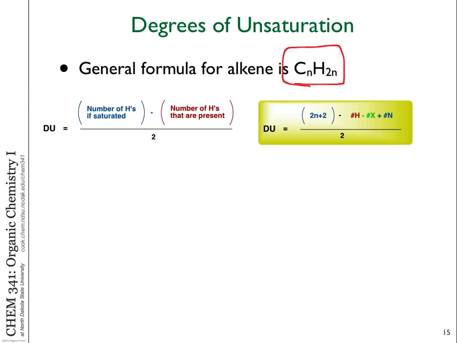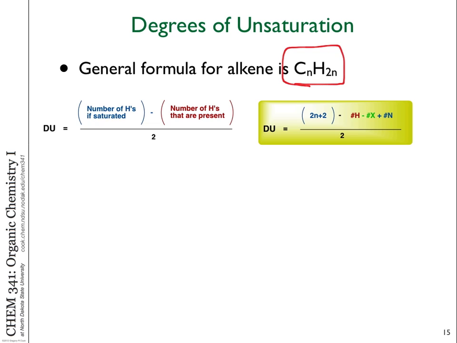Just like the cycloalkane, if you have a ring, you have to remove 2 hydrogens to connect the 2 carbon ends. The same thing is true for an alkene. In order to form the second bond, you have to lose 2 hydrogens. So the general formula for an alkane is CnH2n+2. For an alkene with 1 double bond, 1 pi bond, it is CnH2n.